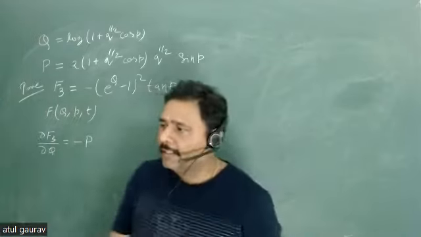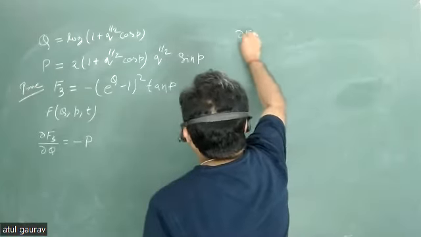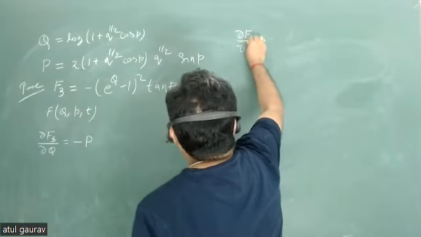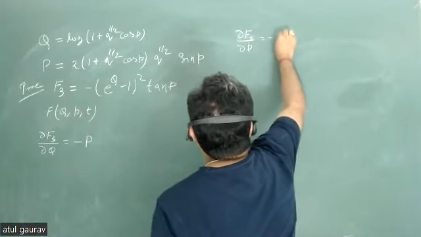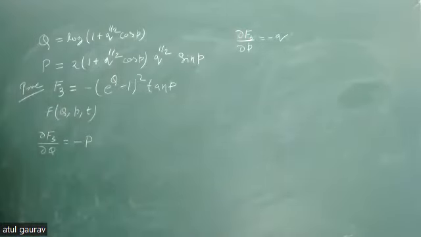And the second equation is del F3 upon del small p is equal to minus Q. Now, just tell me, is this capital P your favorable variable or not? No, sir. So you have to change this capital P as a function of small p and capital Q. Isn't it? Yes, sir.